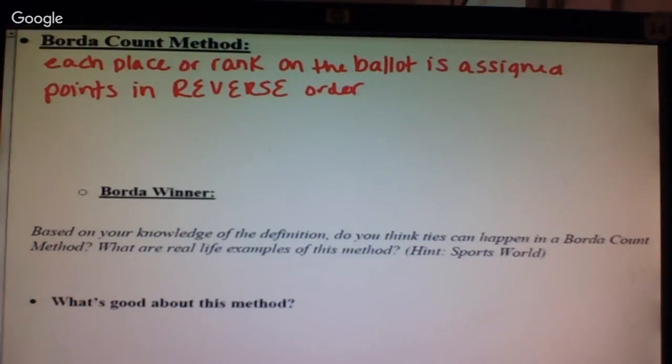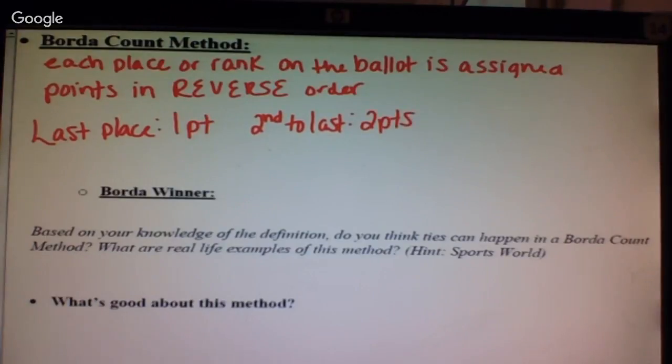So the people that come in last place in this method are going to earn 1 point. The next person that comes in second to last will then end up with 2 points.